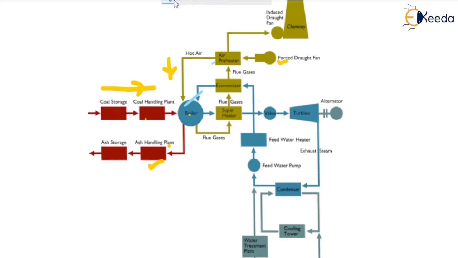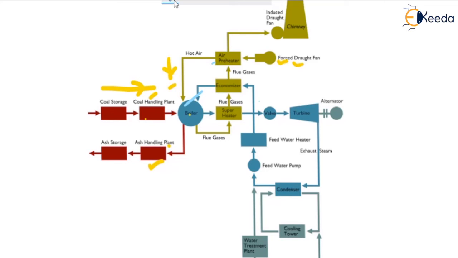So before coming to the chimney, the flue gases will be consumed here through the forced draught fan. The forced draught fan will force this hot air to be mixed with the proper pulverized coal. So this is the work of the forced draught fan, which just preheats the air using the flue gases.